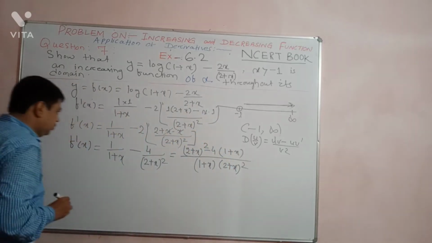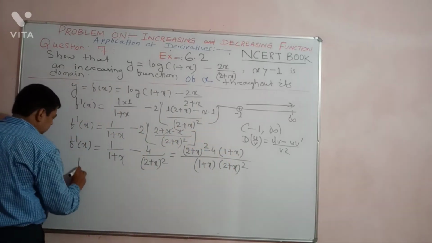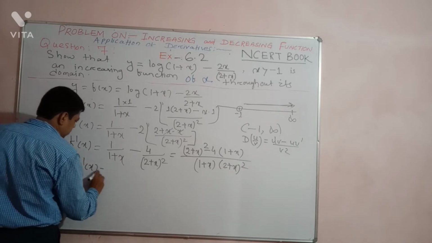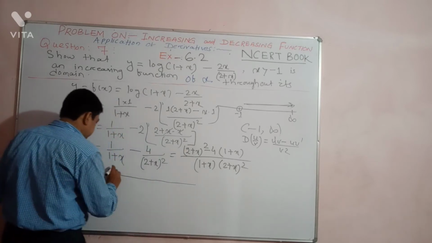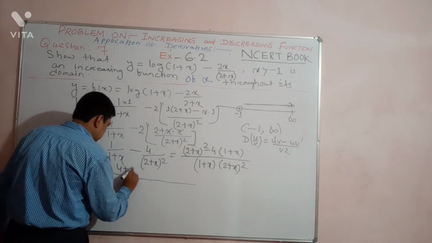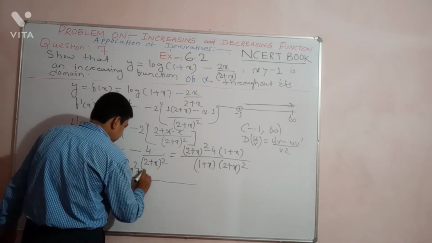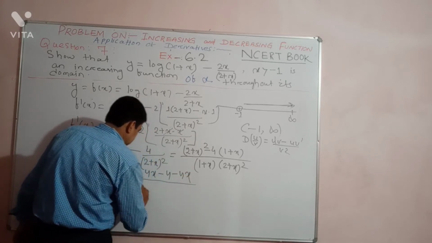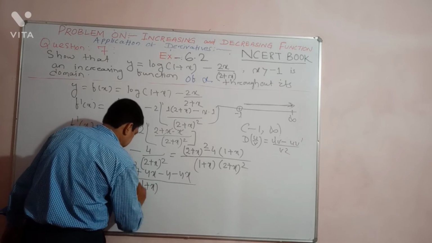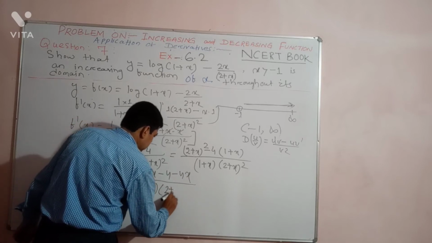Understand? Okay. And f dash x is equal to, you see, 2 plus x whole square, you can write 4 plus x square on expanding plus 4x minus 4 minus 4x. And here 1 plus x whole into 2 plus x whole square.